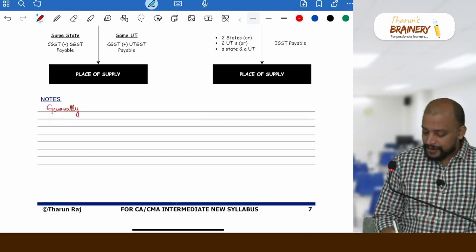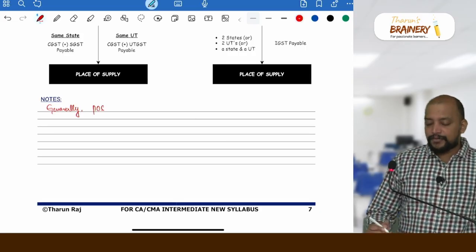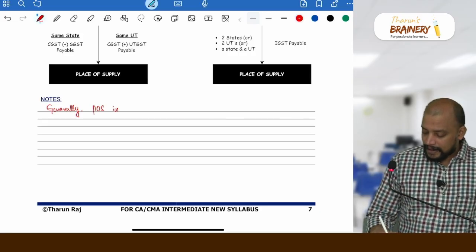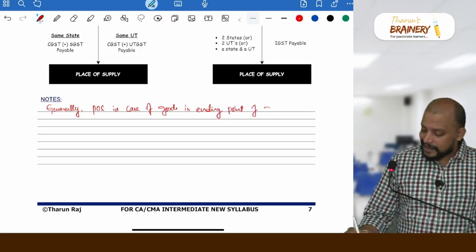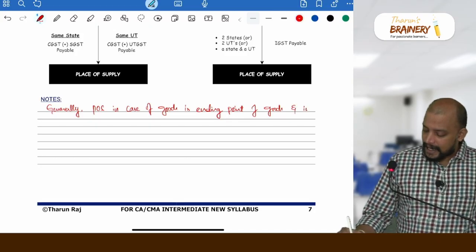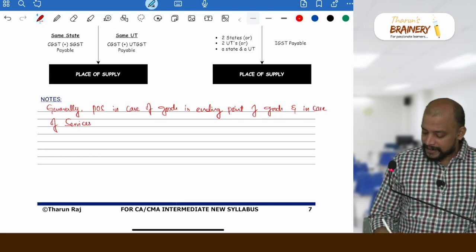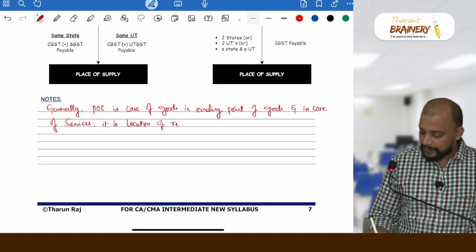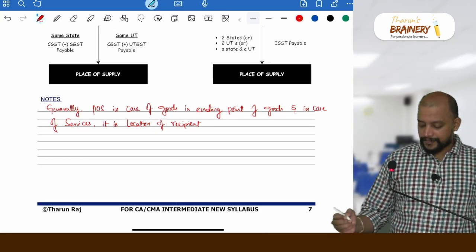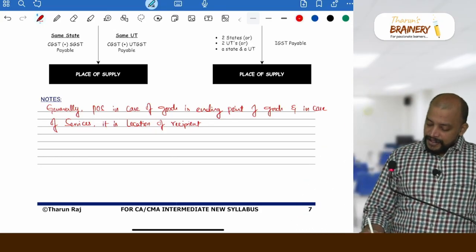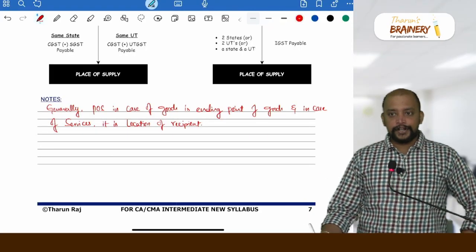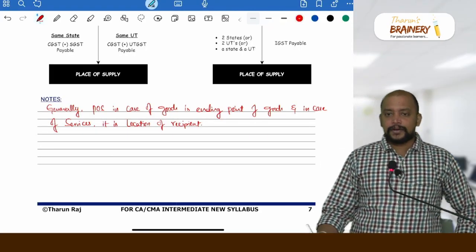Generally, place of supply, POS means place of supply, in case of goods is ending point of goods, and in case of services, it is location of recipient.